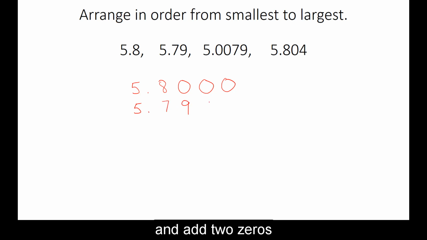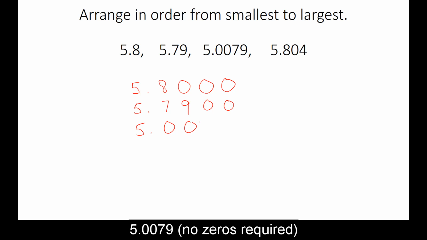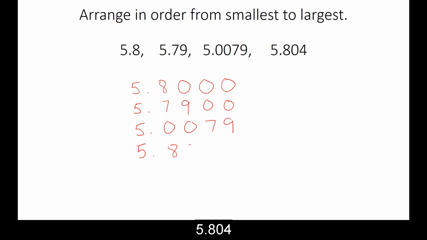5.79, I'll go ahead and add 2 zeros. 5.0079, I don't need any zeros here. And 5.804, and then just add 1 zero.